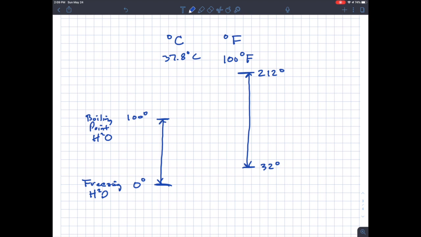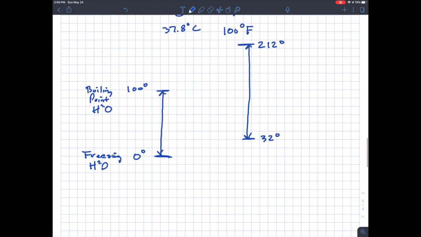So we could take a look at the ratios of these scales and figure out a way to scale things. I'm going to draw lines here that show a scale factor. The scale factor depends on which direction you need to go.